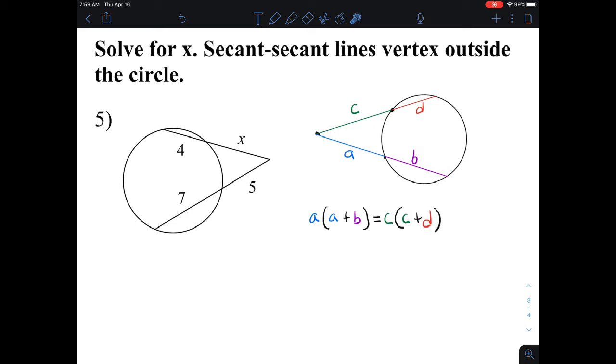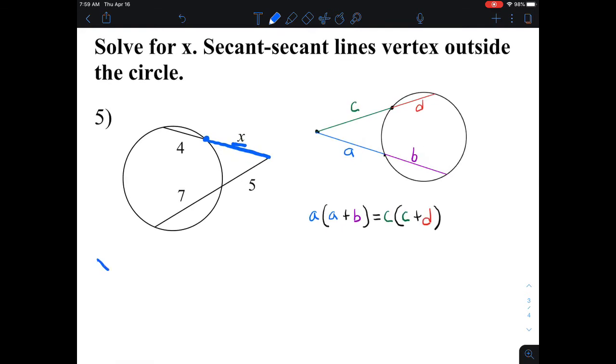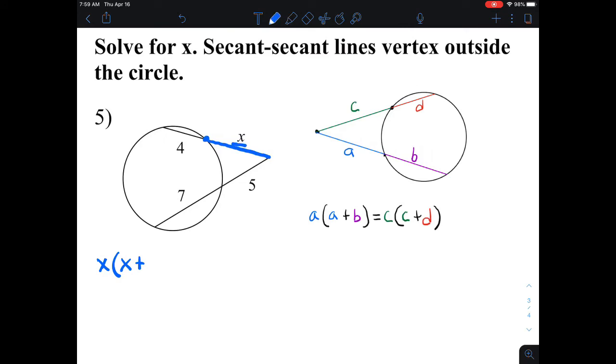I'm going to set up my formula here so that I can work to solve. The distance for x goes from the intersection of the two secant lines to the edge of the circle. So I'm going to let that be the A part. So it'd be x times x plus what's left here, so x plus 4.